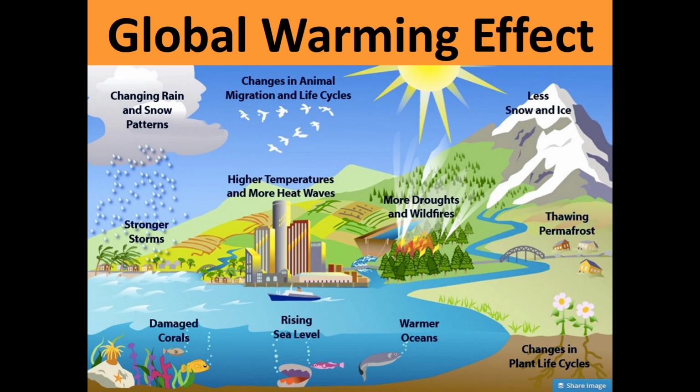So these are the global warming effects. What are the effects? How is the increasing temperature affecting different components of the earth system? We can say that, first, starting with sea level rise, due to rising global temperature the sea ice is melting, and sea level rises.